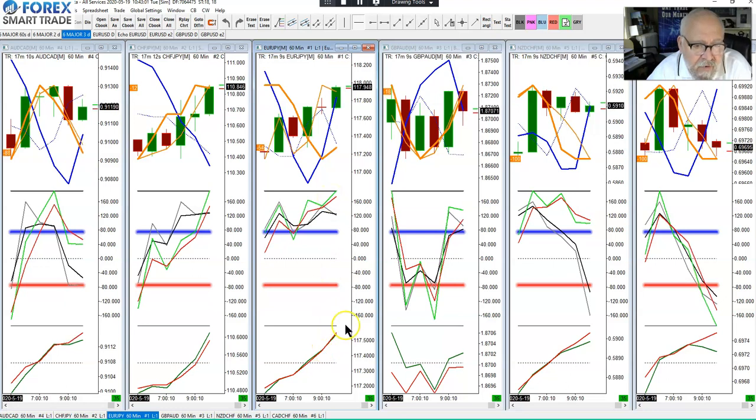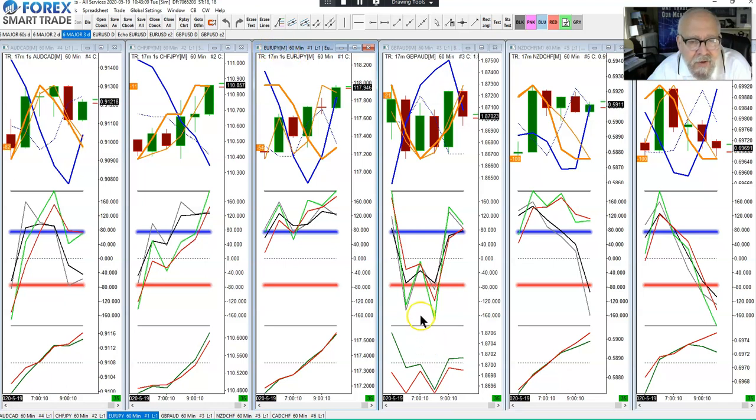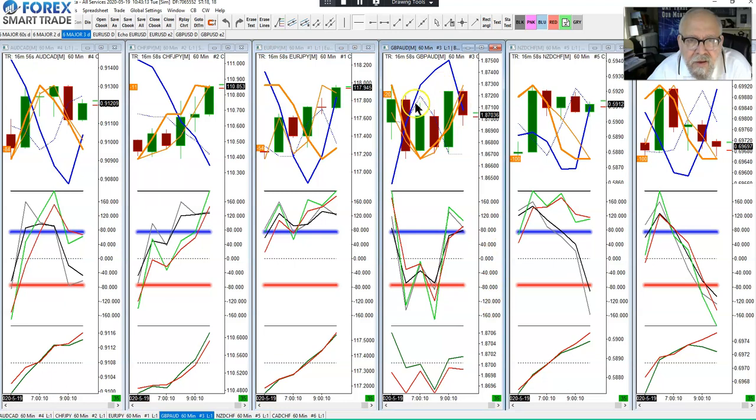And we do have very steep pressure here. But I'm not familiar enough with this pair, and I don't want to play around with something I'm not comfortable with, without the clear signal that I know works.